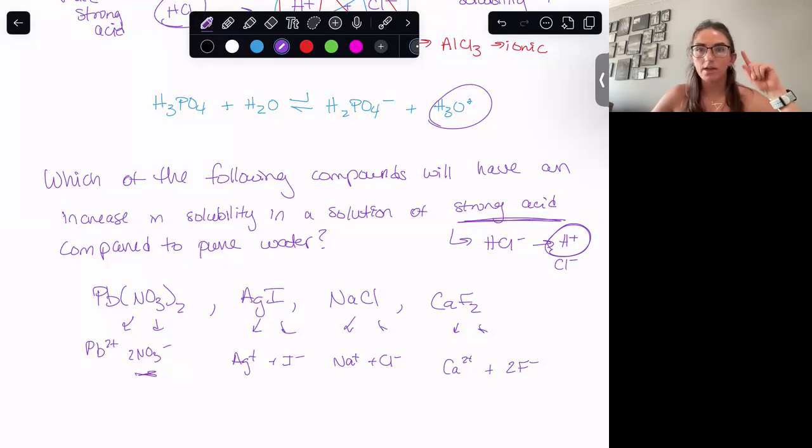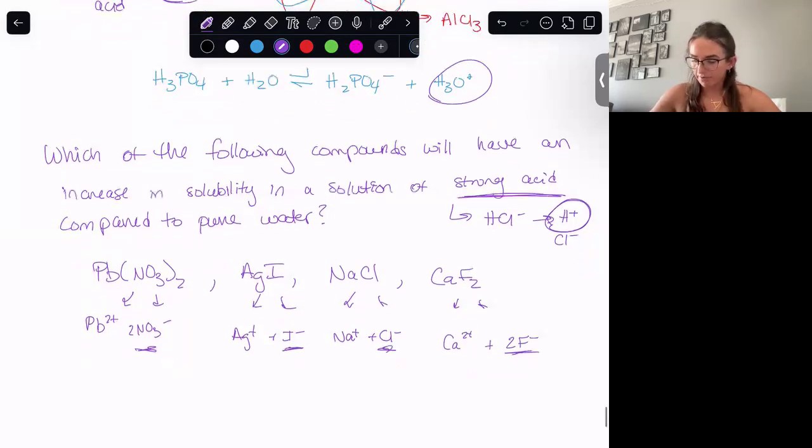That's a strong acid. That strong acid completely dissociates. It's not going to take any ions out of solution. Pair up H plus with I minus. That forms HI. That's a strong acid. That's going to completely dissociate, not taking any ions out of solution, doesn't change solubility. H plus and Cl minus form HCl. That's a strong acid, completely dissociates, doesn't change solubility.